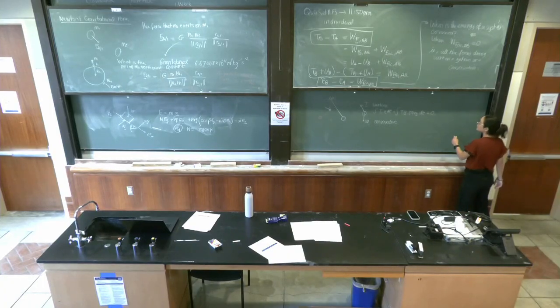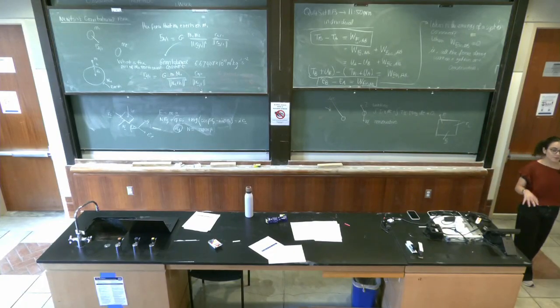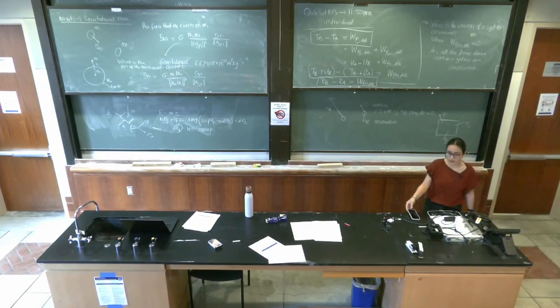For a rigid body, different forces are being applied at different points on the body, and different points on the rigid body have different velocities. You can think about this phone over here.